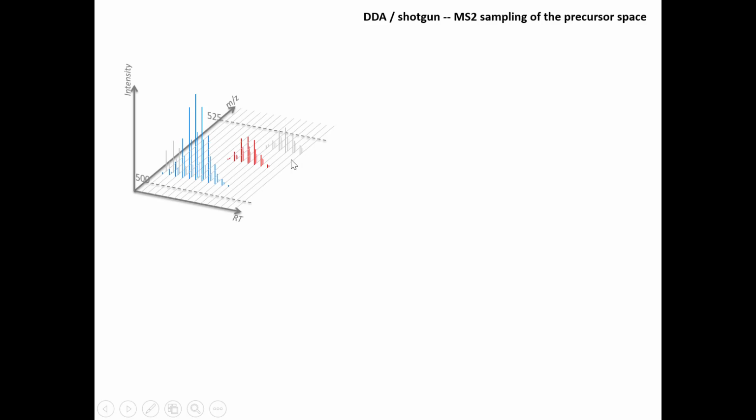We have a blue one and a red one and a couple of gray ones. Each MS1 scan is a snapshot of the precursor space at a given time in the chromatographic elution. Of course, we can extract quantitative values in the MS1 space by doing extracted ion chromatograms, and that's what's indicated here by these lines.